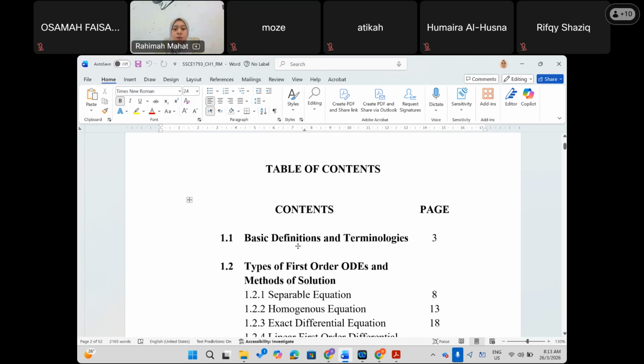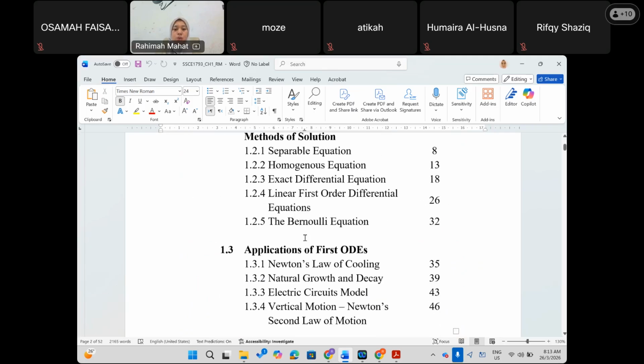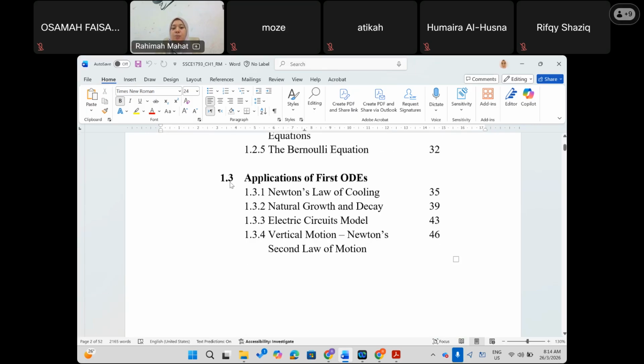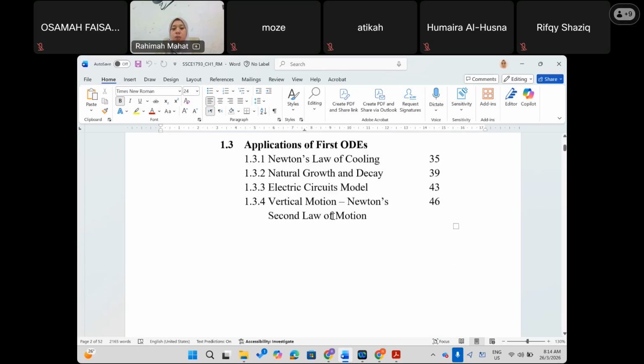This is the table of contents, where we have the first order ODE and the methods of solution, and we also have the application of the first order ODE.